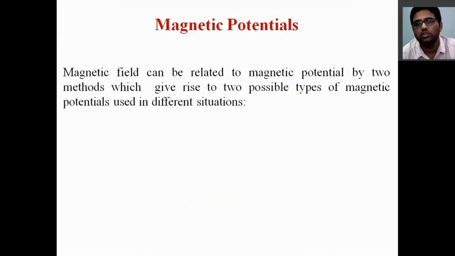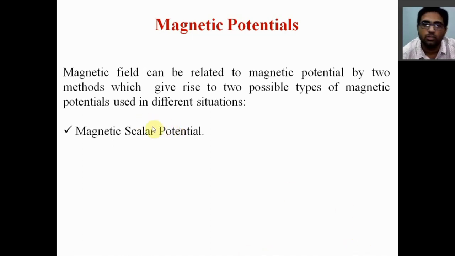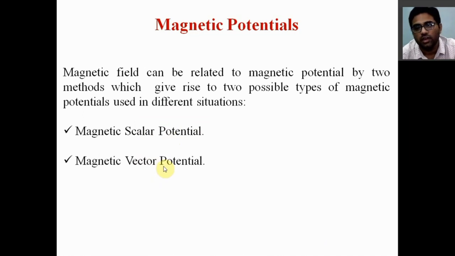Similar to electric field being related to electric potential, magnetic field can also be related to magnetic potential, and they are of two types: magnetic scalar potential and magnetic vector potential. At first we will try to understand what magnetic scalar potential is.